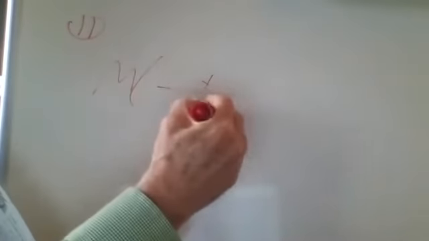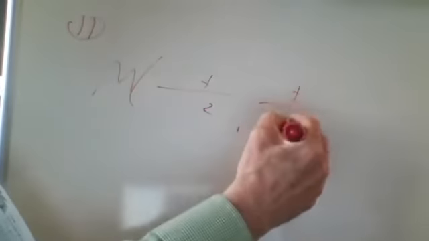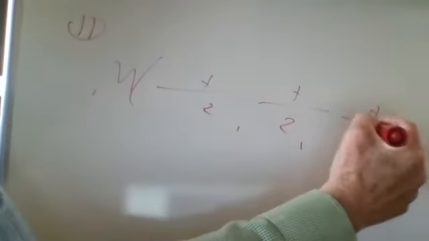All right, number 11. Determine the coordinates of the midpoint of the line segment. So we have 3 points. So we're looking for the midpoint. In this case it's x's divided by 2, y's divided by 2, and z's divided by 2. That all fit in there. Okay, so we have 0, -6, and 4.